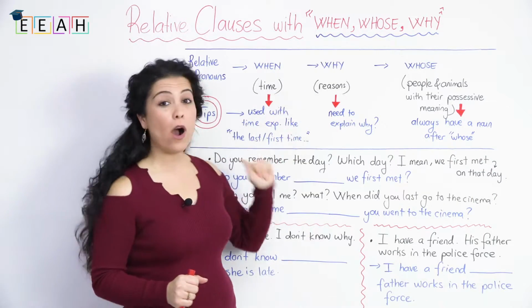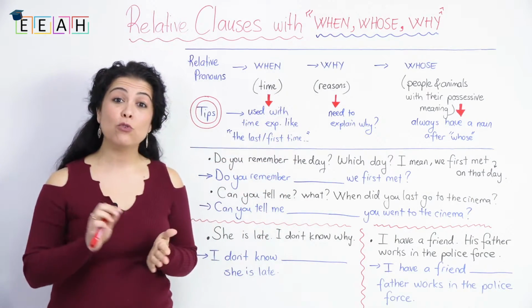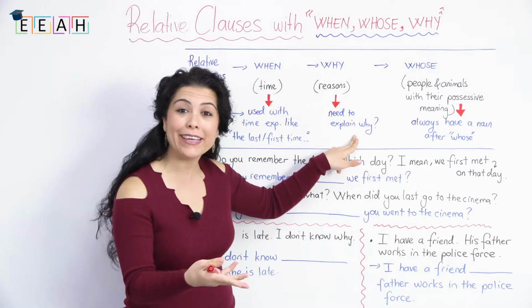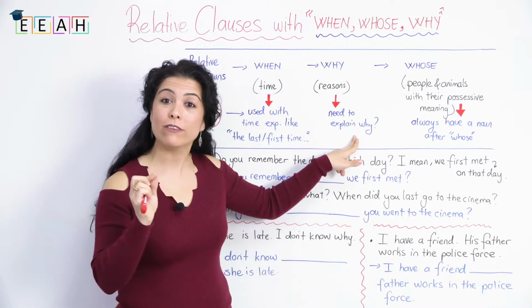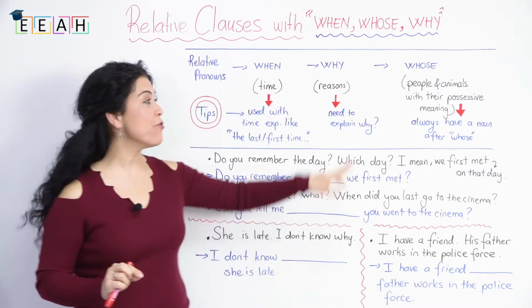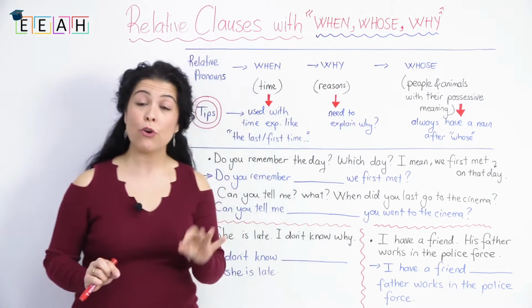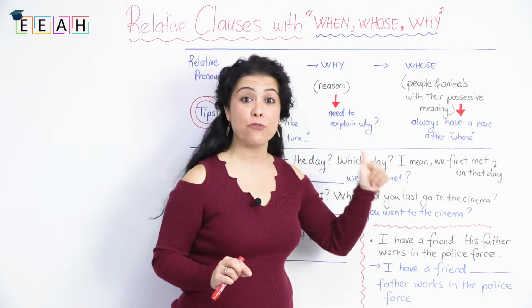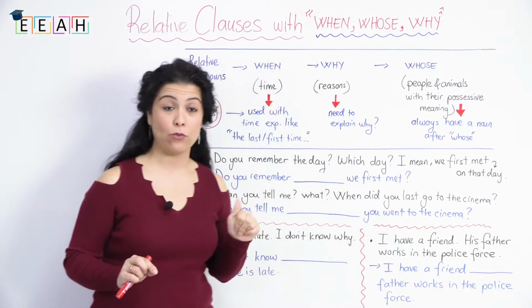As for why, remember that you have to explain. You need to explain why. You're giving reasons all the time. And as for the relative pronoun whose, remember that you always have a noun after it. There is always a noun.